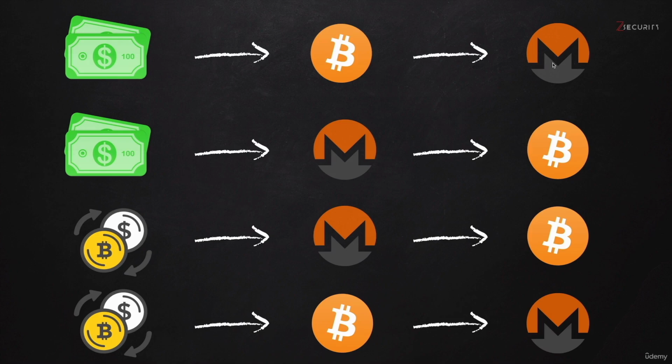Alternatively, let's say the end goal is you want bitcoins because you're sending money to a person or a seller that only accepts bitcoin, but you want to be as anonymous as possible. Then you can buy Monero with cash, again using one of the methods I explained in the previous lecture, and then convert this Monero to Bitcoin using a crypto exchange. Now, as you know, cash is anonymous.